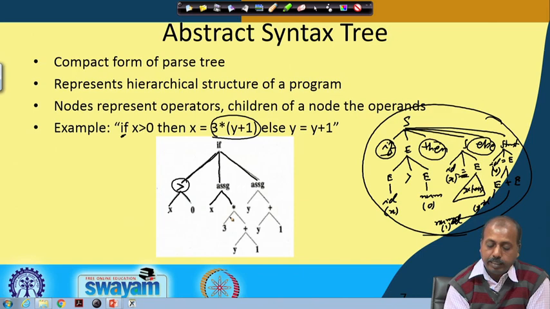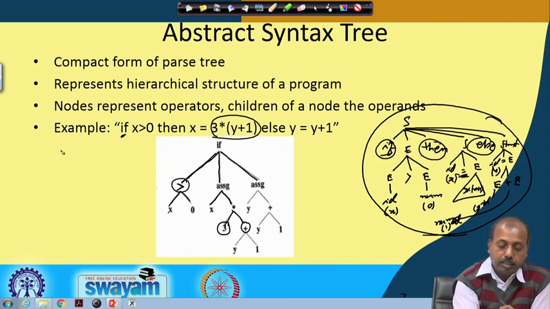Since this is a binary operator, there will be 2 operands. So, I do not need any other thing. I just store 3 here, and then this is plus. So, it is y plus 1. In fact, if you look into this parse tree for this 3 into y plus 1, it is not very simple, because the way it will be generated is something like this.